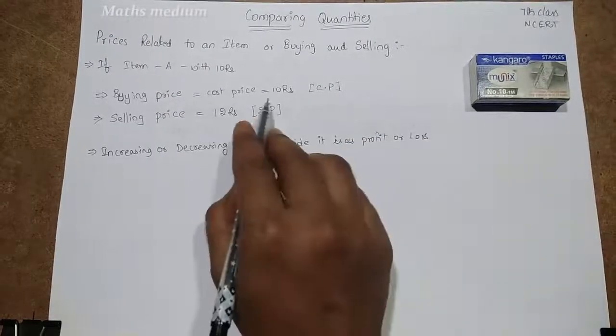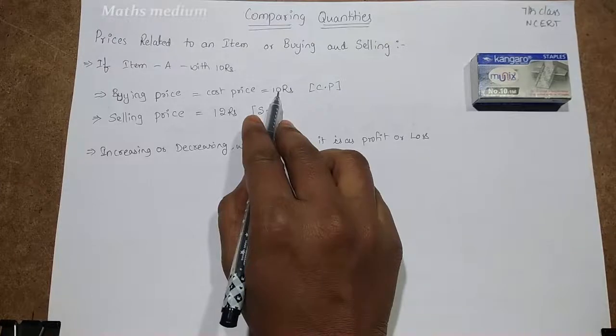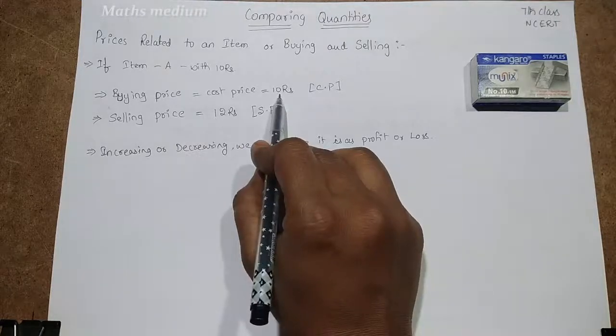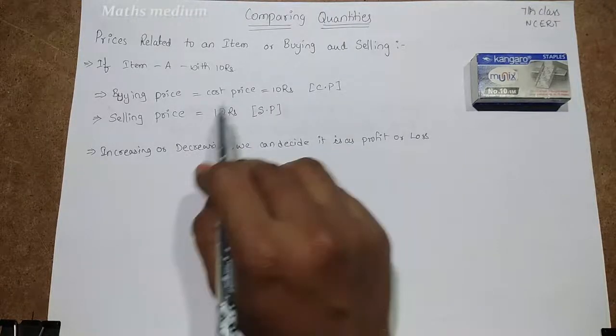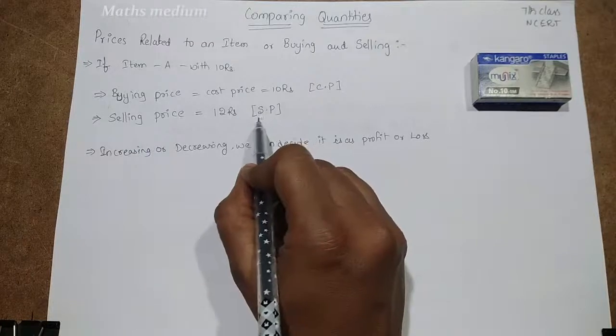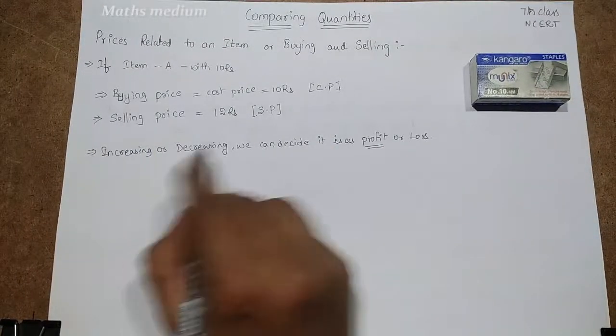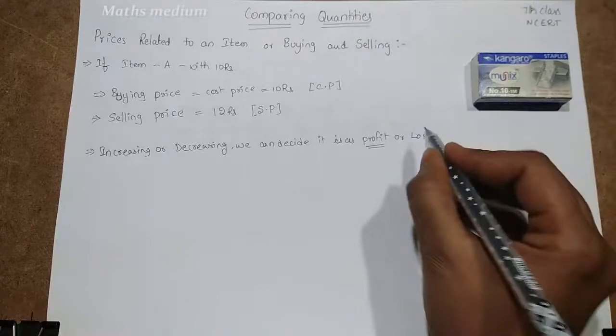So see, here I buy it with 10 rupees but sell with 12 rupees. I got the profit. If in case I bought with 10 rupees but sold with 8 rupees, I will lose, right? So based on prices increasing or decreasing, we have profit or loss.